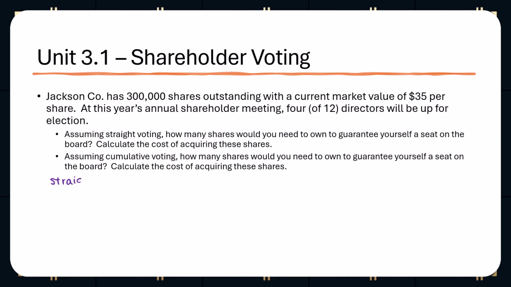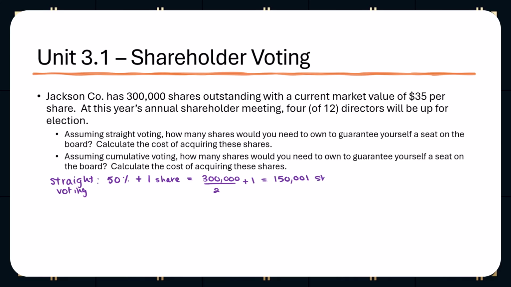What we know with straight voting is that it requires 50% of the shares outstanding plus one more share to guarantee yourself a seat on the board. So that means that if we take the 300,000 shares outstanding, divide it by 2, and add 1, we get 150,001 shares that would be required to guarantee ourselves a seat on this board.